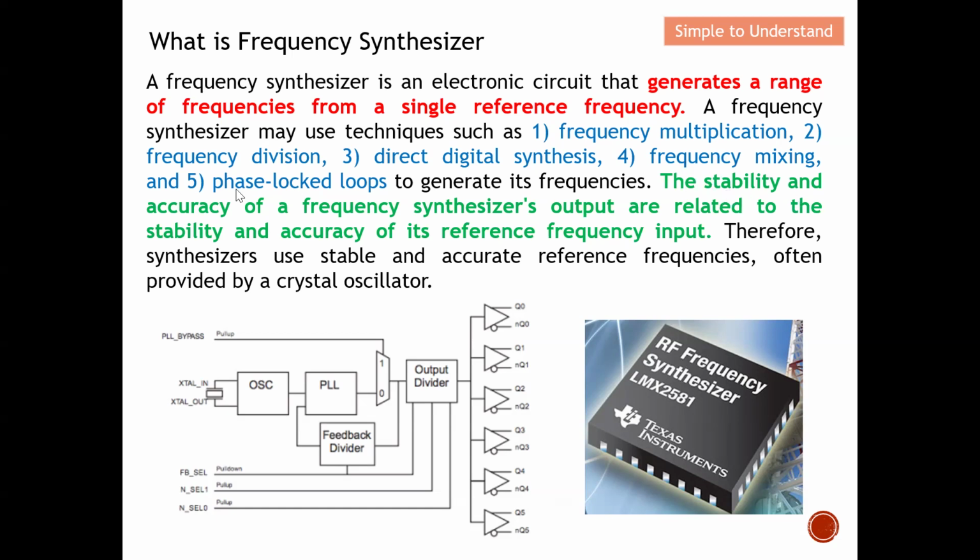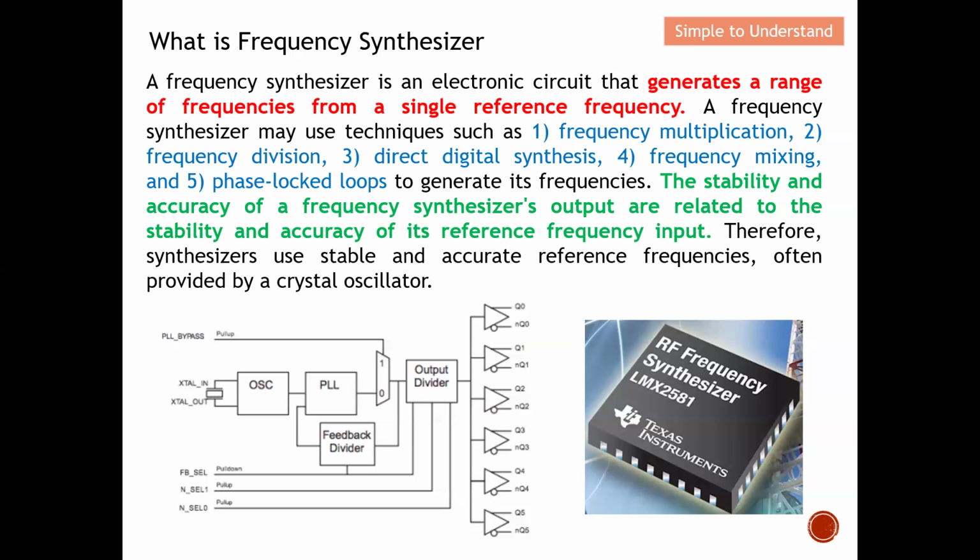The stability and also the accuracy of a frequency synthesizer's output are related to the stability and accuracy of its reference frequency input. Imagine the reference frequency drifts, then the rest of the output will have a so-called cascaded effect. The drift may be even more.